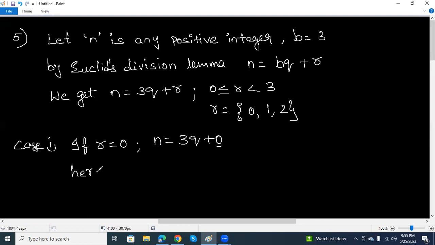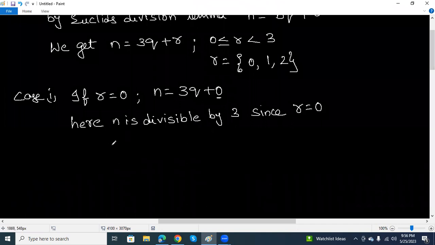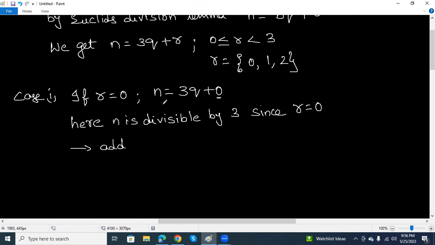Here n is divisible by 3 since the r value is 0, remainder is 0. In this case, n plus 2 also we need to check, right? N case we checked. N plus 2 and n plus 4 also we need to check. Add 2 on both sides of n.